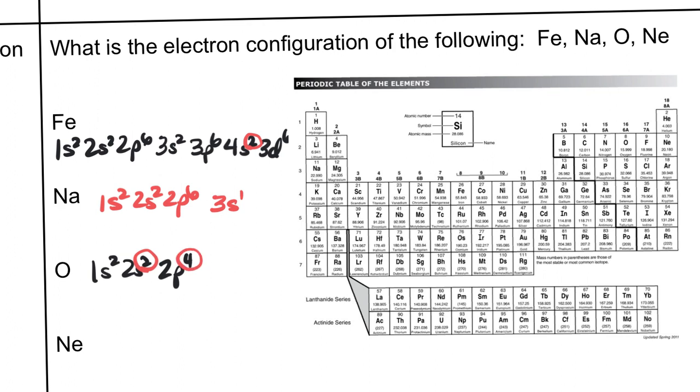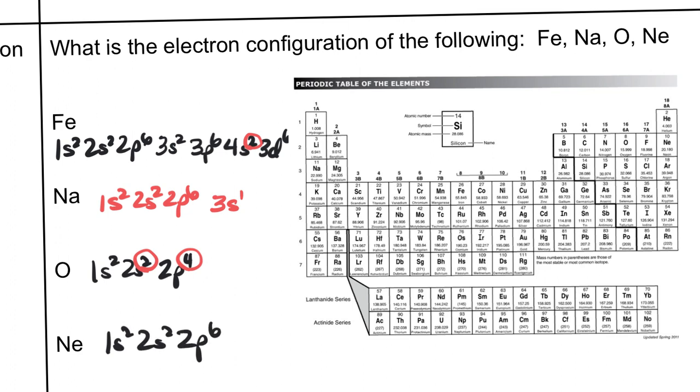And then finally, the last atom that we're going to look at is neon. Neon is a noble gas. It is in group 18, and it's going to stop its configuration on 2p, 1, 2, 3, 4, 5, 6, 2p6. So it's very similar to oxygen's, except we're going to have 2 more electrons. The full configuration should be the following: 1s2, 2s2, 2p6.